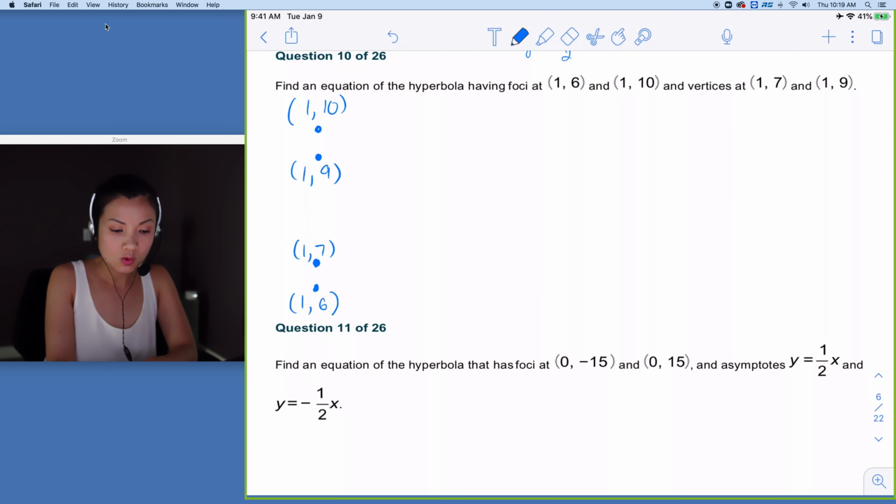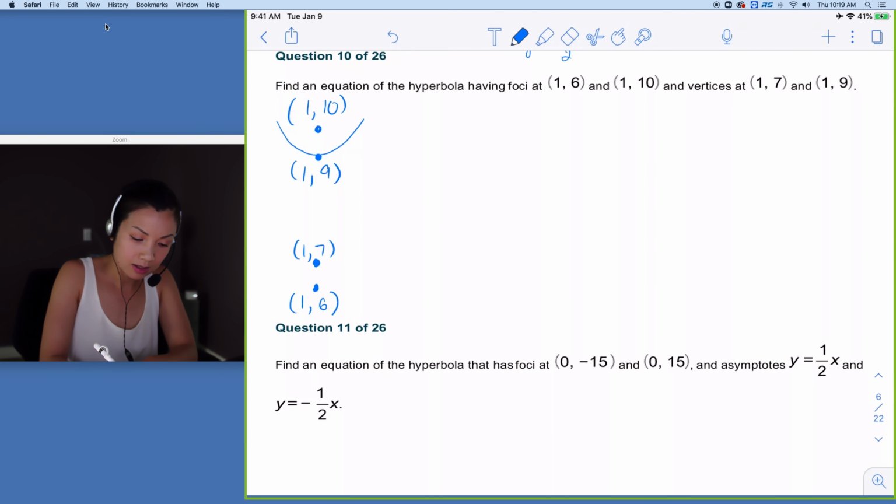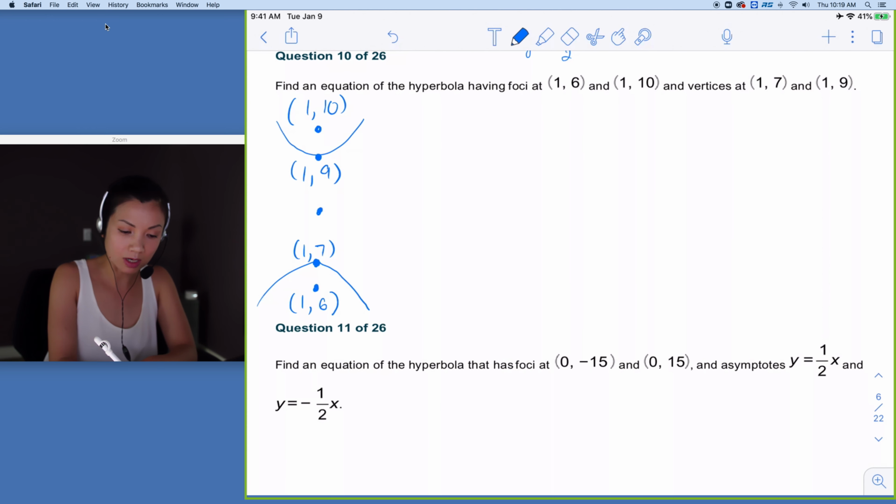All right. So based on this, you can tell that we have the parabola, the hyperbola, I'm sorry, the hyperbola, like this. Okay. All right. So what is the center right here?